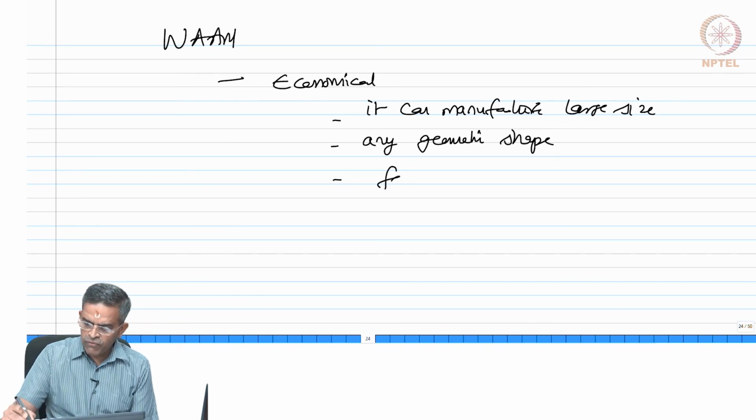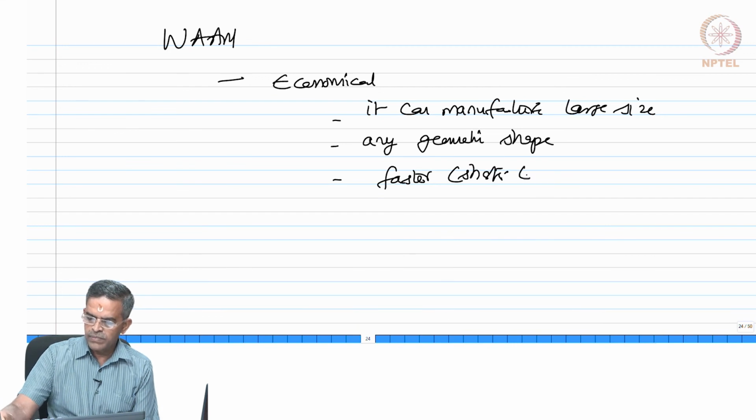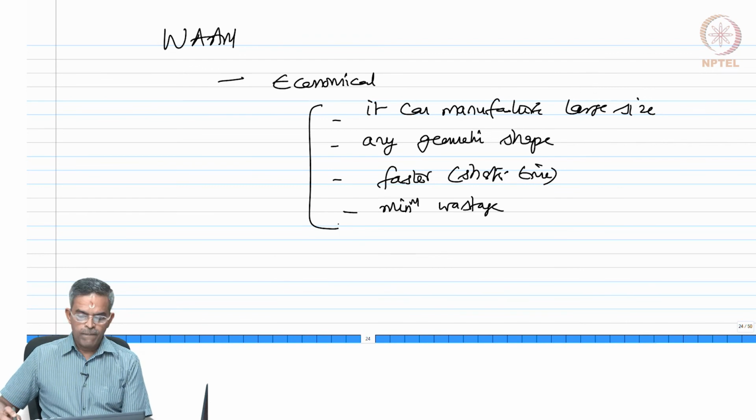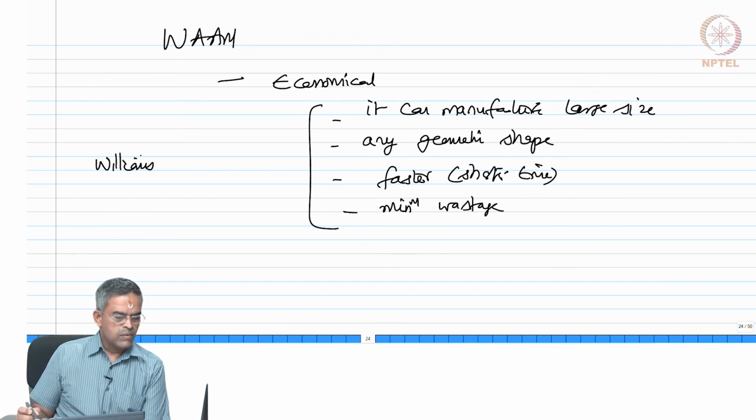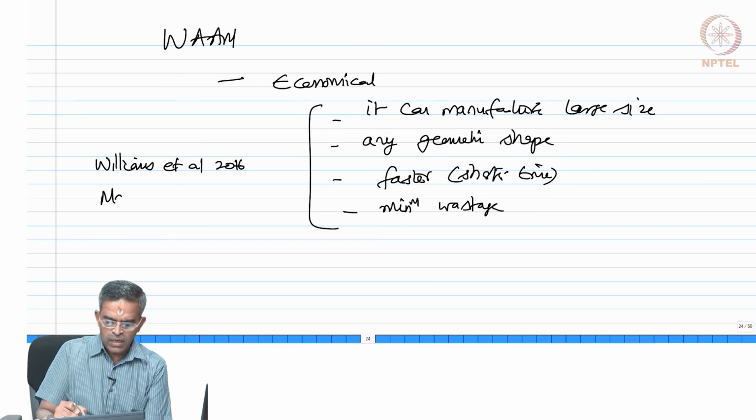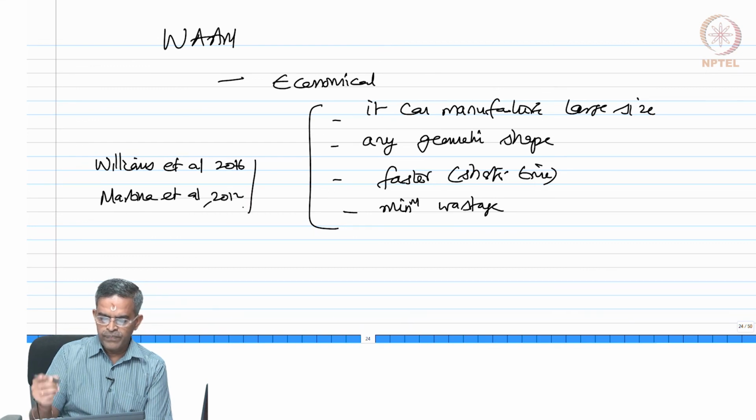It can manufacture faster, so shorter time with minimum wastage. So, it is economical. These are of course stated in many studies. One classical example could be Williams et al. 2016 and Martina et al. 2012. Okay.